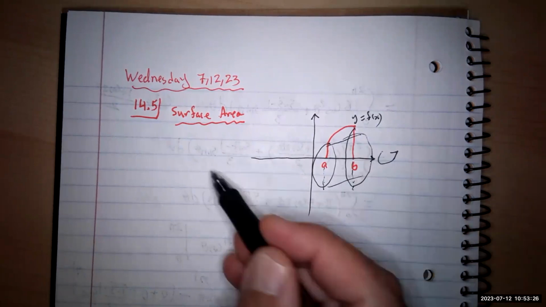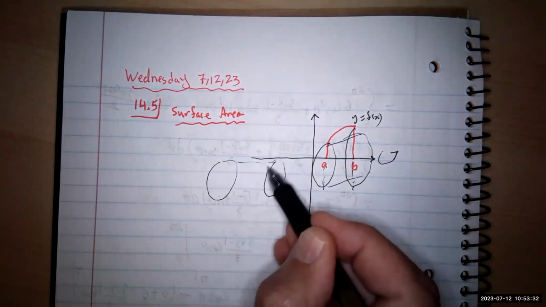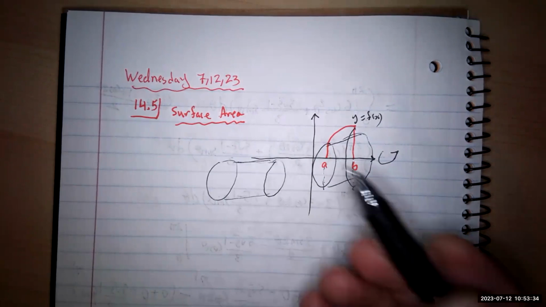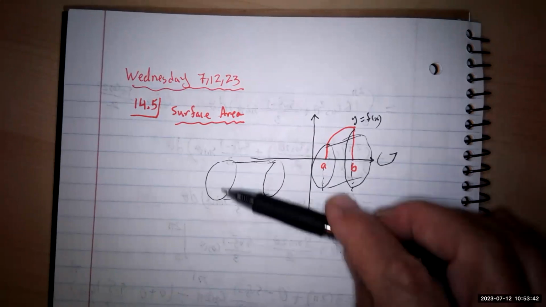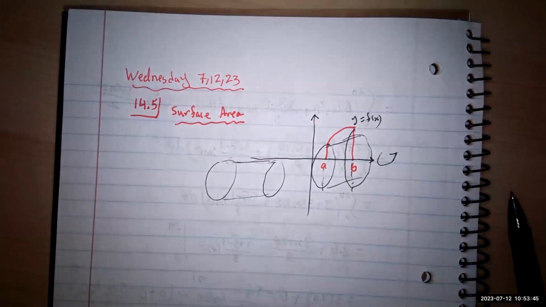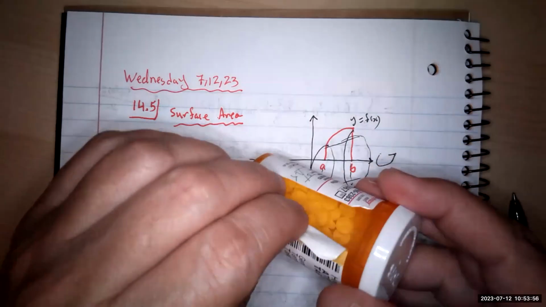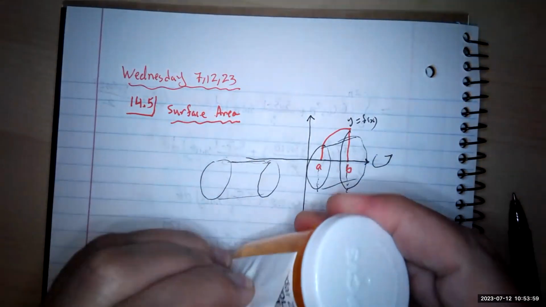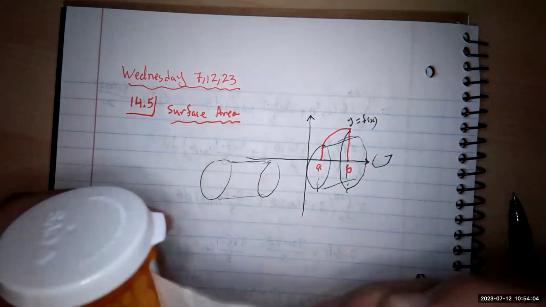So if you pull this one out, this is going to be your solid of revolution, or any three-dimensional solid. If we get the three-dimensional solid, then what you call the surface area is going to be if you go around this one. It's like if you peel it off, if you like. If this is the solid that we have, the surface area is going to be what you get when you just go around.